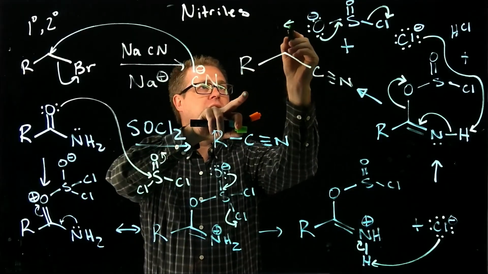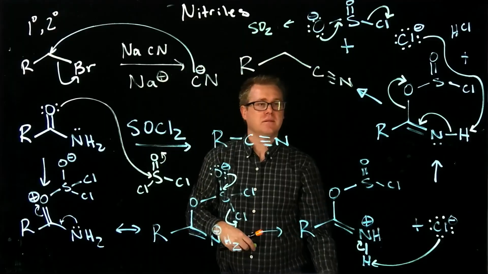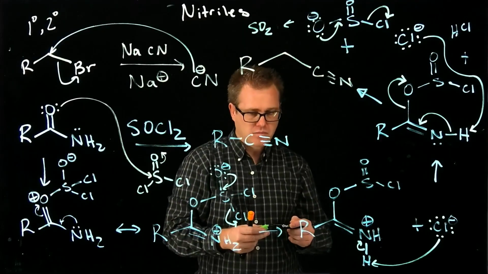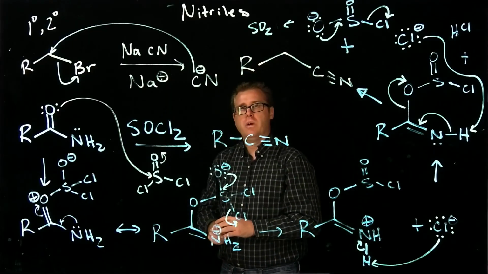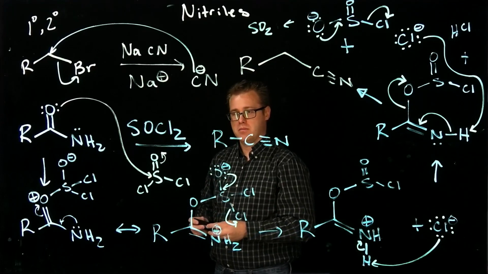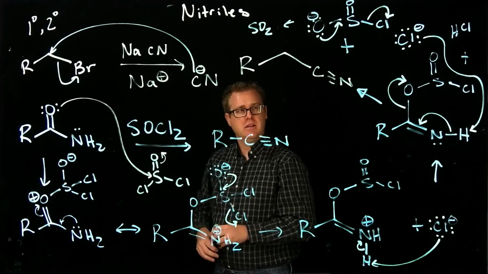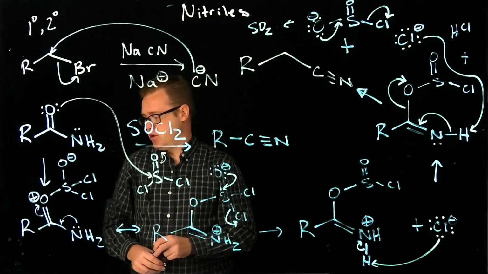And what does that generate? That generates the sulfur dioxide gas. So that is how we can prepare nitriles from amides. It's a little complicated mechanism, but it's doable.